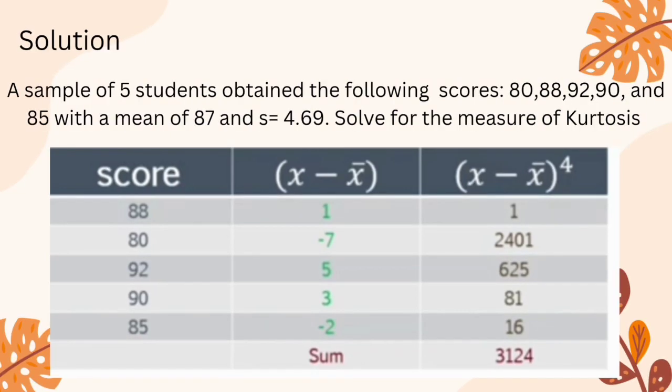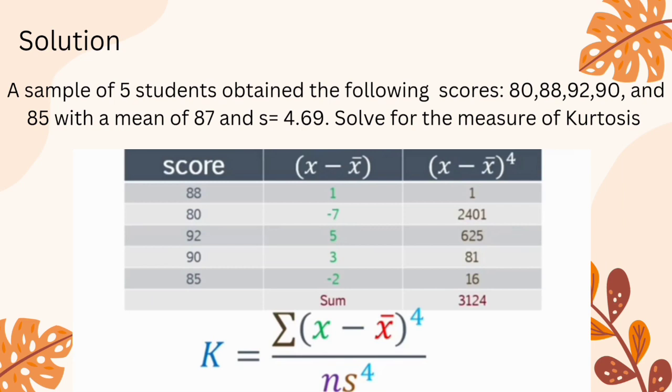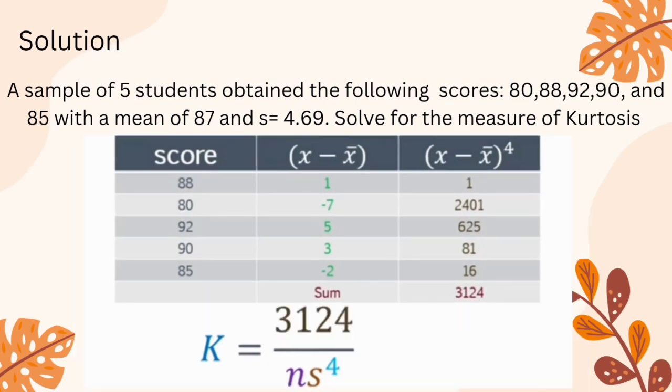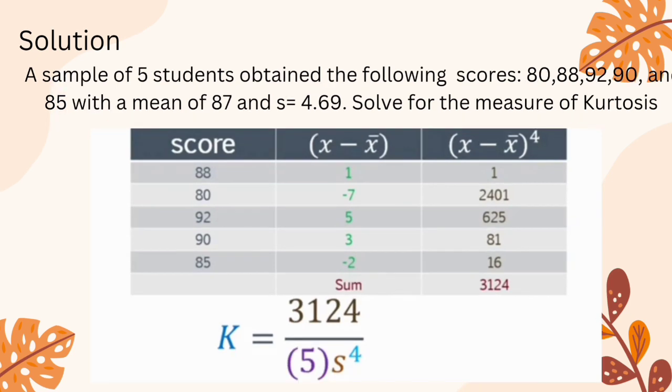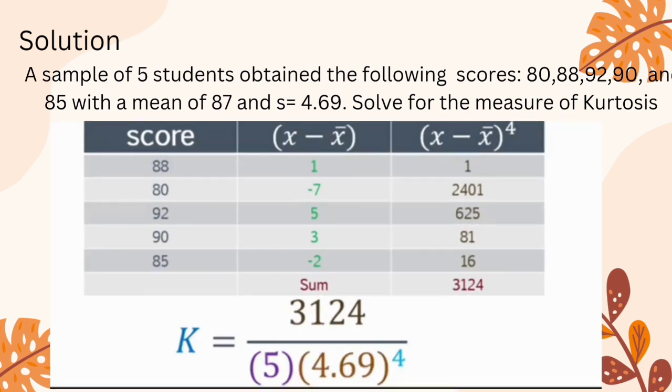Moving on, let's put the formula for measure of kurtosis for ungrouped data. The numerator will be the summation of the fourth power of the difference between the sample data and its mean. So let's change our numerator into 3124, and for the denominator, the number of sample data, that will be 5, and the standard deviation is 4.69, to the fourth power.